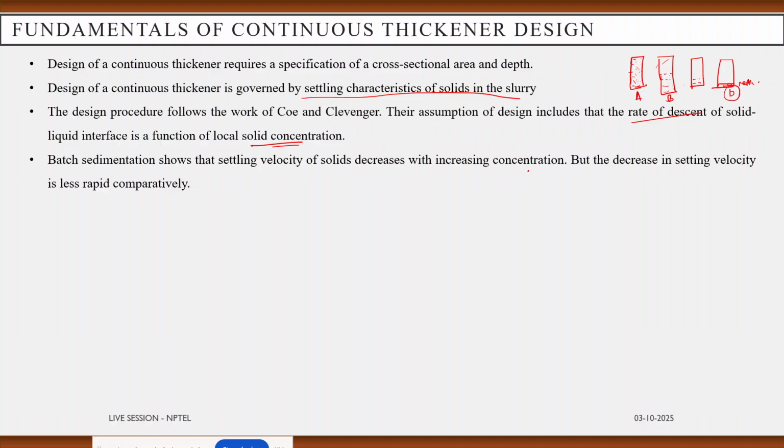So if the concentration in a certain layer is very high, then the settling velocity will be lesser. This is quite obvious because of the adherence of so many particles in a confined space, so it is difficult to maintain the settling velocity, and it will decrease. But the decrease in settling velocity is comparatively less rapid.